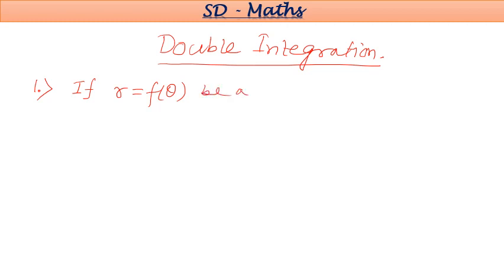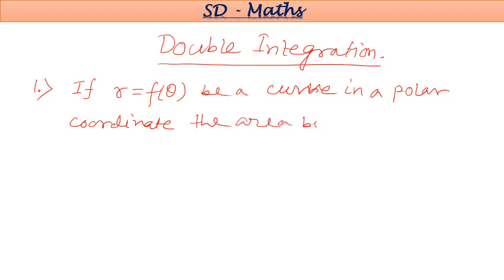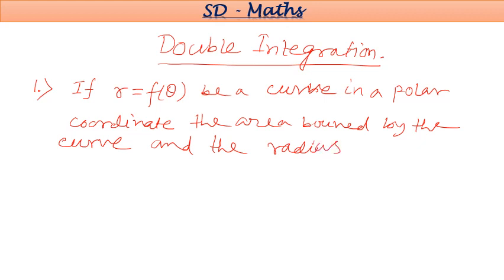If this be a curve in a polar coordinate, then the area bounded by the curve and the radius vector theta equals alpha and theta equals beta is given by.